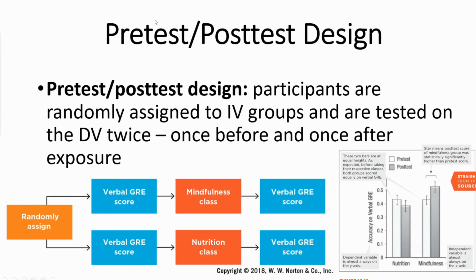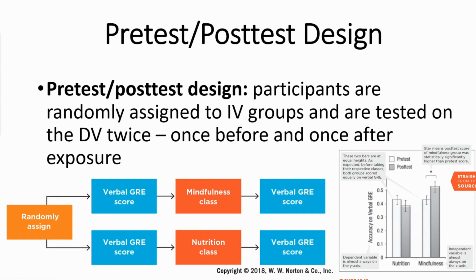Now, if we look at the other option, our pre-test post-test design, you might now be able to figure out that you are going to test before and after. So here, participants are randomly assigned to their independent variable groups, same as before, but here they're tested on that dependent variable twice, before and after they are exposed to that manipulation.